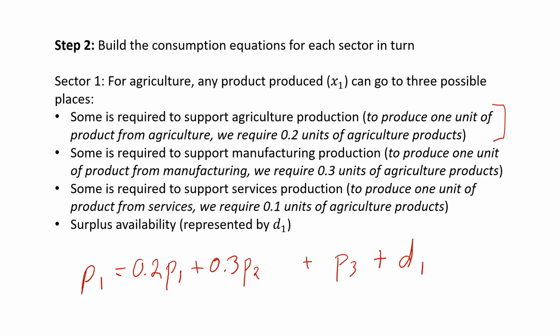Third, every unit of services produced, that's P3, needs 0.1 units of agriculture. So this describes exactly where all of the agriculture goes: to agriculture, to manufacturing, to services, and then what's left over as surplus. So there's our first consumption equation. Now let's go on to our next equation.